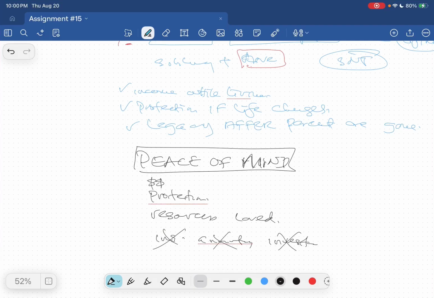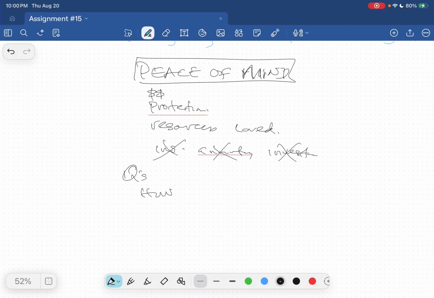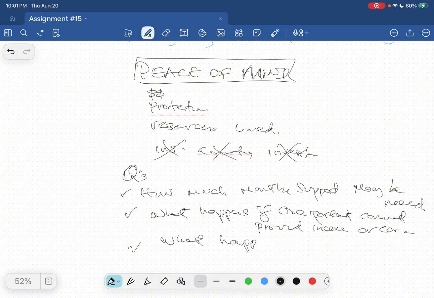It begins with three very personal questions: how much monthly support is needed, what happens if one parent cannot provide income or care, and what happens when both are gone.